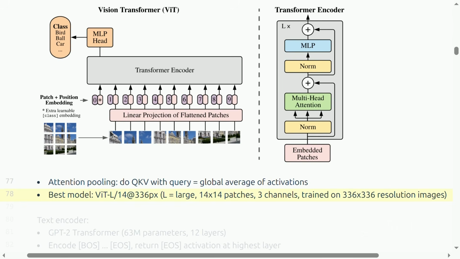Each patch is RGB, so it has 3 channels. And they trained on 336 by 336 resolution images. Actually, they trained on lower resolution first, for speed, because high resolution images take longer. Then for the latter part of training, they trained on higher resolution.